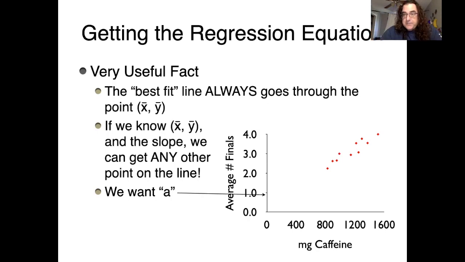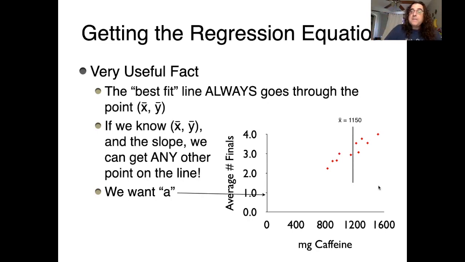Here's the nice thing. Every regression line always goes through the point that is defined by the x bar, the average value of x, and y bar, the average value of y. We know what x bar, y bar is because we did a correlation. We had to have that in order to get the z-scores.